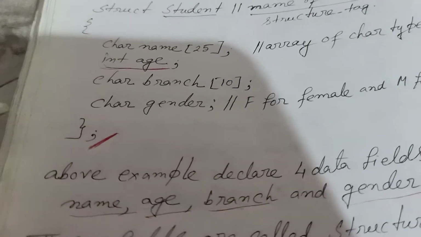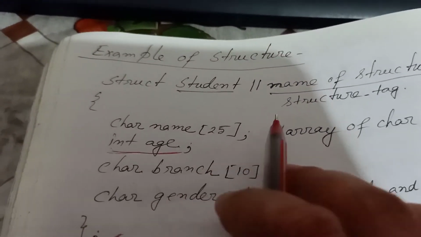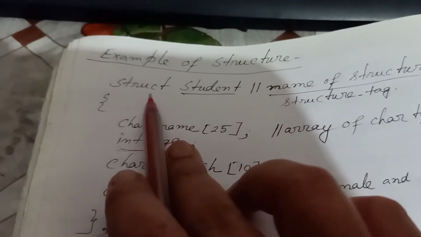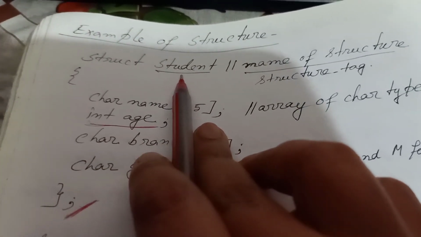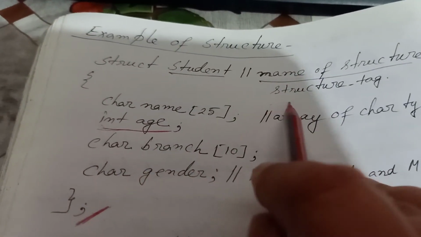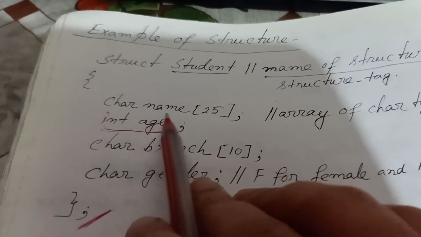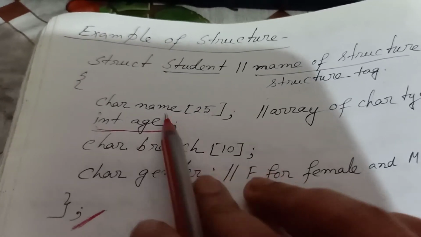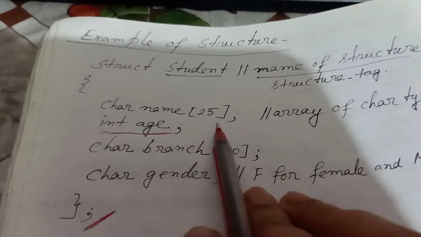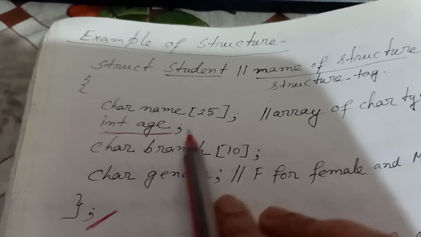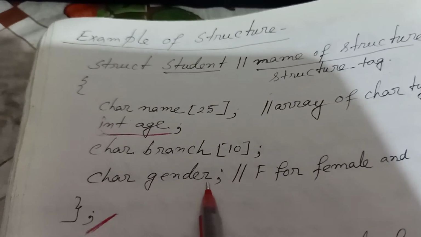As per the syntax, we are seeing in the example, first write struct, then the structure name, that is written as structure tag. Okay, then the members, declared members are char name of size 25, int age, char branch of size 10, char gender.